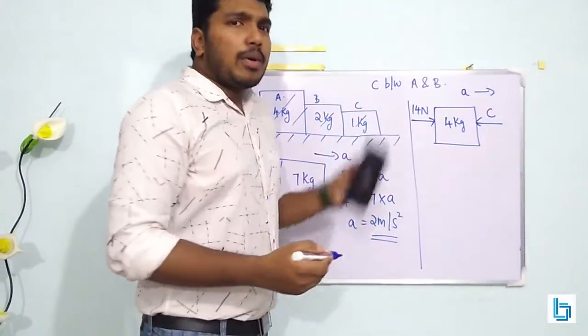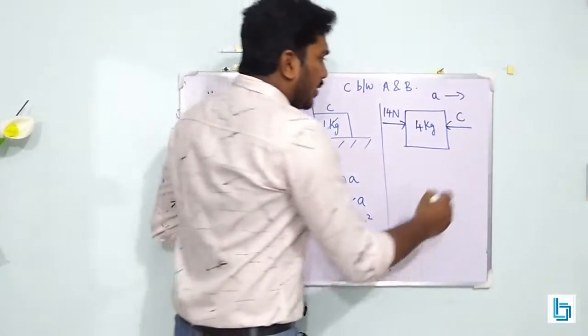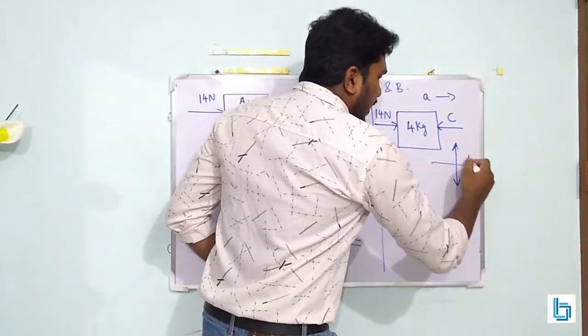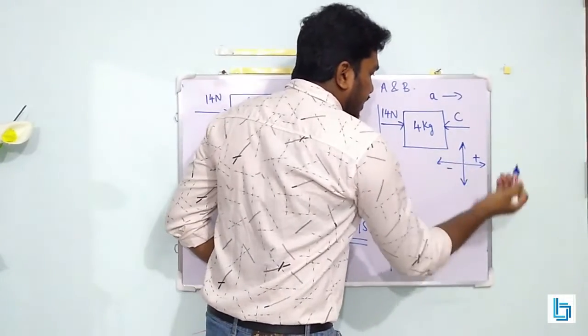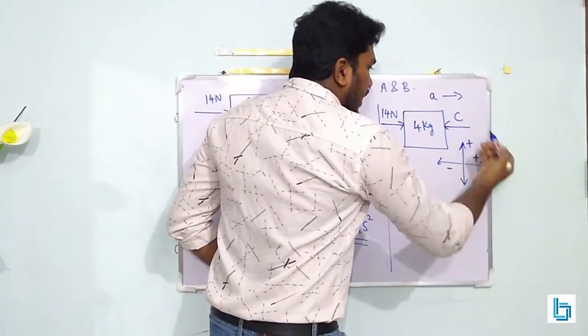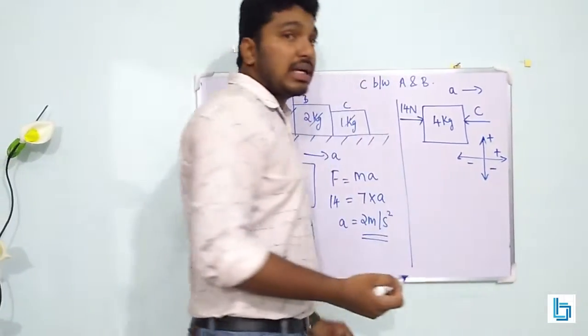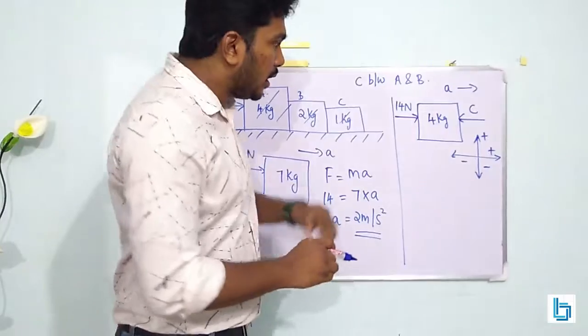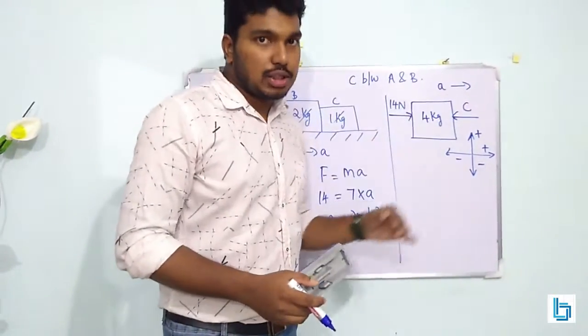Now, an appropriate axis I am choosing. Towards the right I am taking it as positive, towards the left as negative. Above the axis I am taking it as positive, below the axis as negative. I am going to write the force balance equation along the horizontal direction.